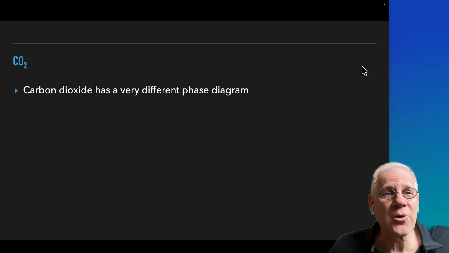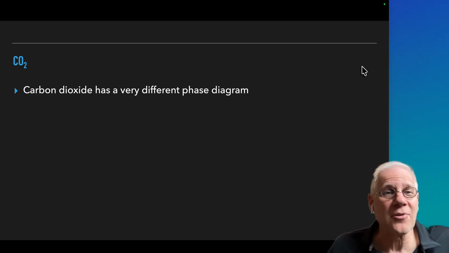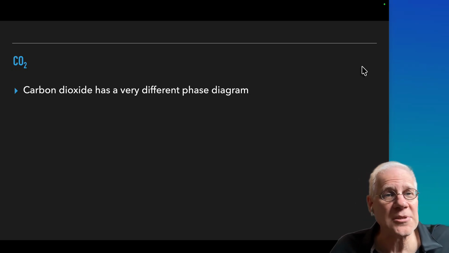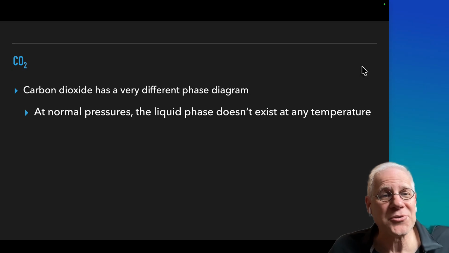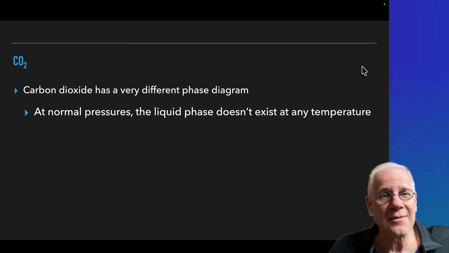Now, carbon dioxide has a very interesting phase diagram. There are a lot of substances that have interesting phase diagrams, but CO2 is one of the more common substances, and you may be familiar with some of its interesting phases. At normal pressures, so regular atmospheric pressures, the liquid phase doesn't exist at any temperature.